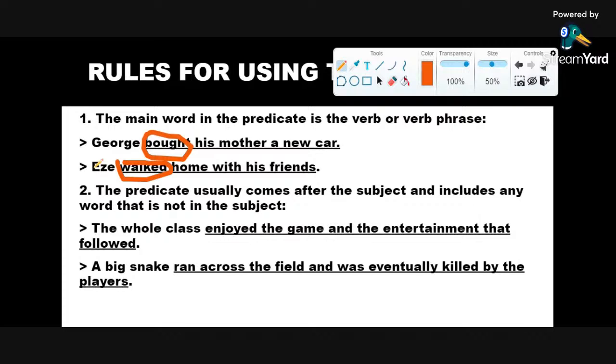Then rule number 2 for using the predicate: it usually comes after the subject and includes any word that is not in the subject. For example, the whole class enjoyed the game and the entertainment that followed. Now, the whole class is the subject here.